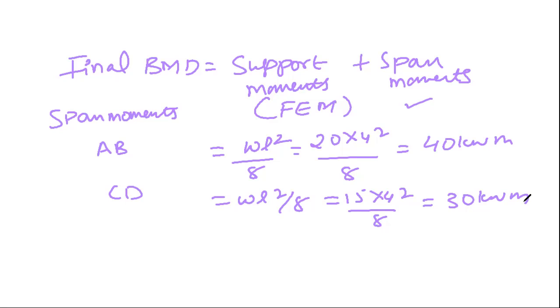If you solve for the BC span, you will be getting the WAB by L value as 160 kilonewton meter. W is 80, right? Now after solving this, we got span moments and we know the support moments.